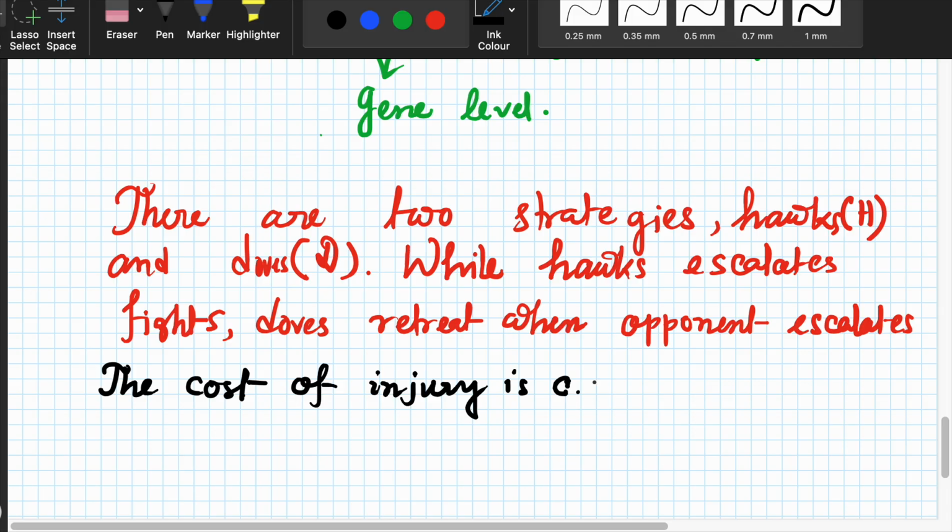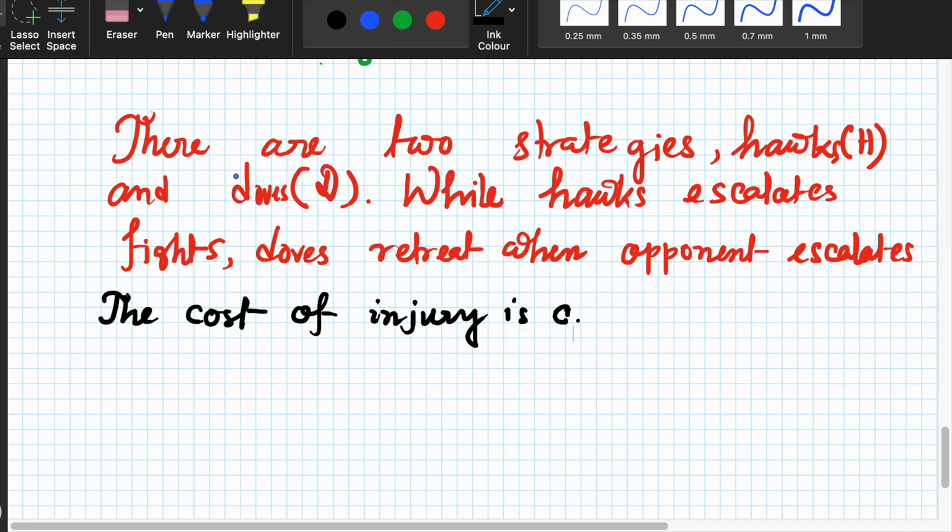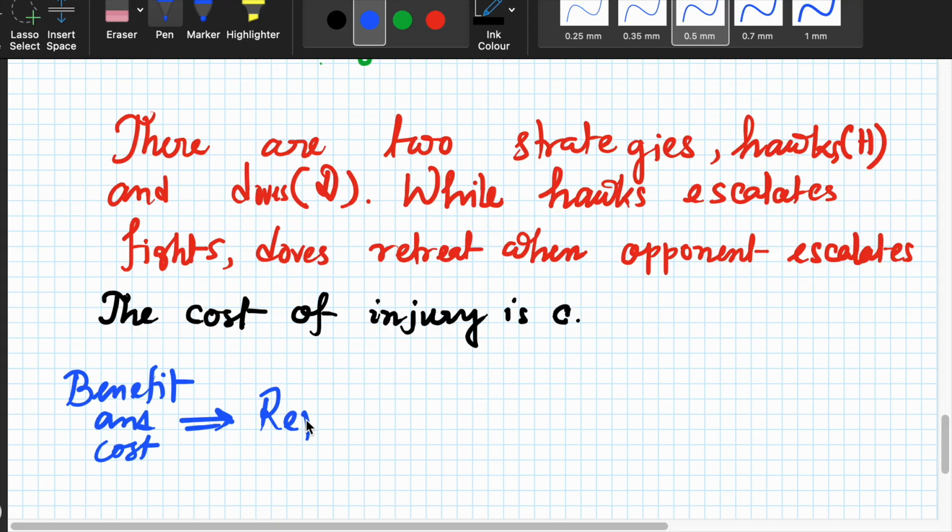Previously these numbers came from one's preferences, but in evolutionary game theory, since we are talking about evolution, these benefits and costs are in terms of one's reproductive success.